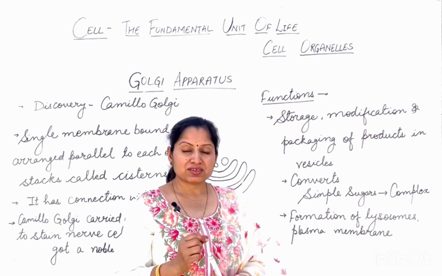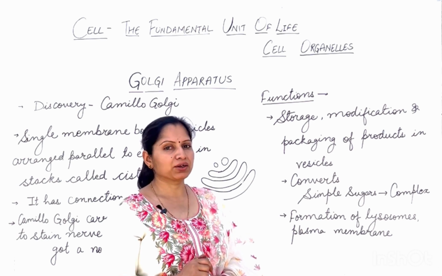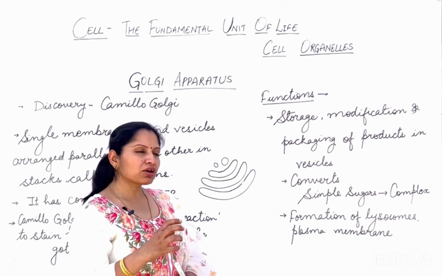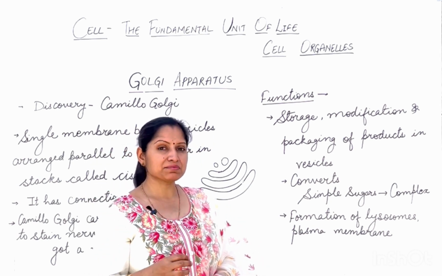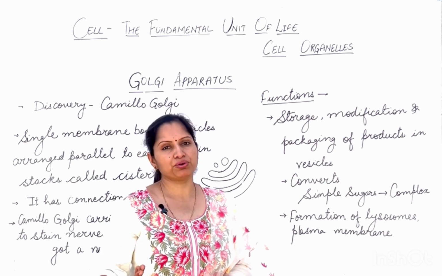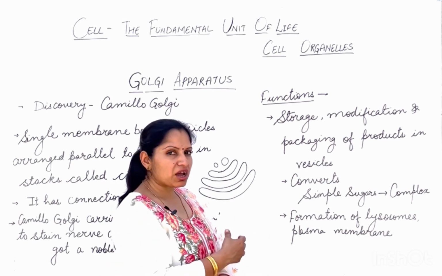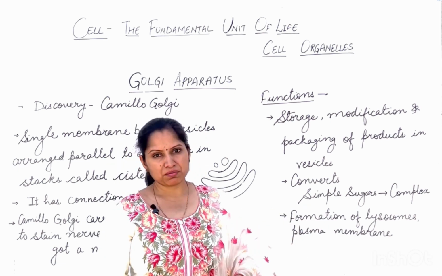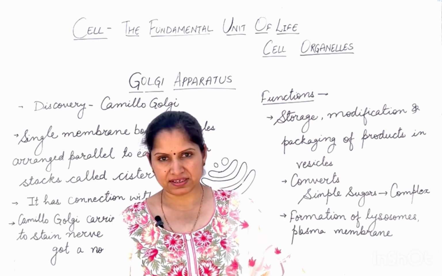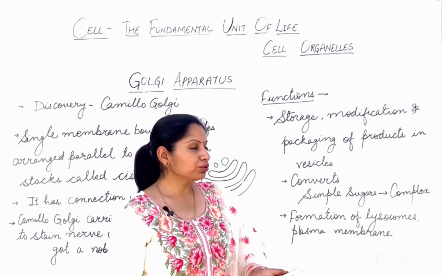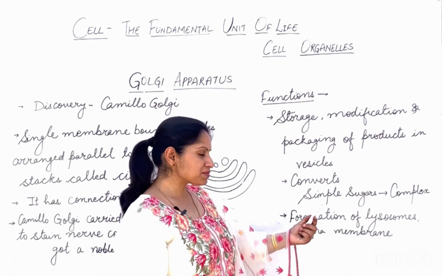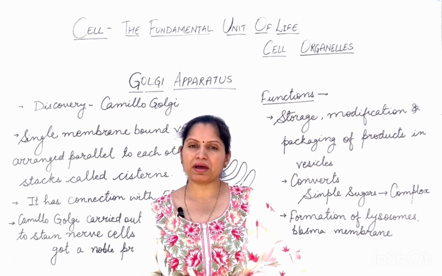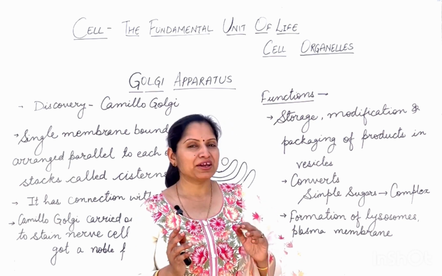We are going to talk about lysosomes, but they are formed by the Golgi apparatus, because lysosomes have enzymes, and enzymes are made up of proteins. So the Golgi apparatus helps in the formation of lysosomes and the plasma membrane, which again is made up of proteins and lipids.